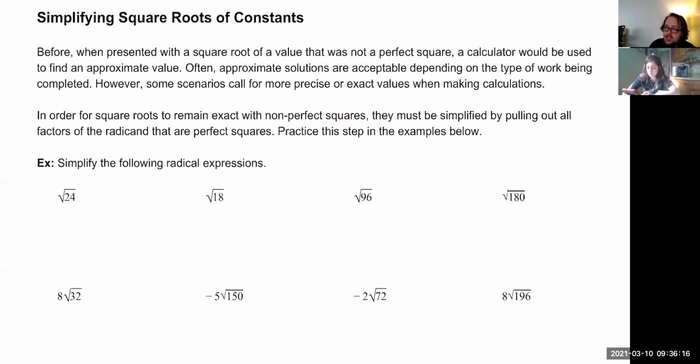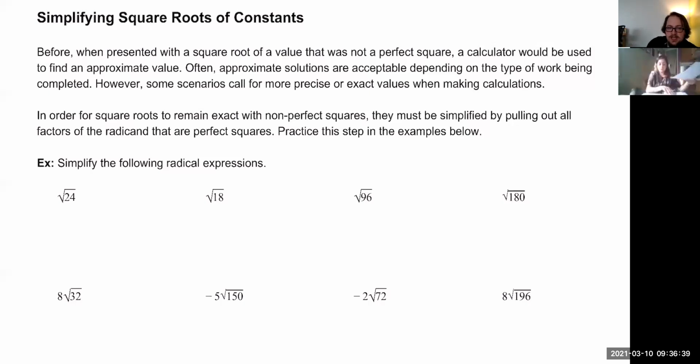Now, depending on the work that you're doing, approximations may not be good enough. You may want to deal in exacts. So instead of getting rid of the square root altogether and rounding, you have to simplify that square root the best you can so you can perform additional functions with it.